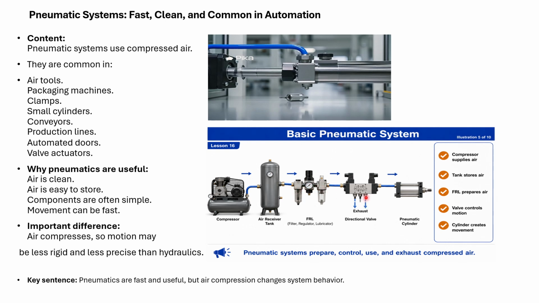Here is a directional valve, and exhaust. Important difference: air is compressible, so motion may be less rigid and less precise than hydraulic.